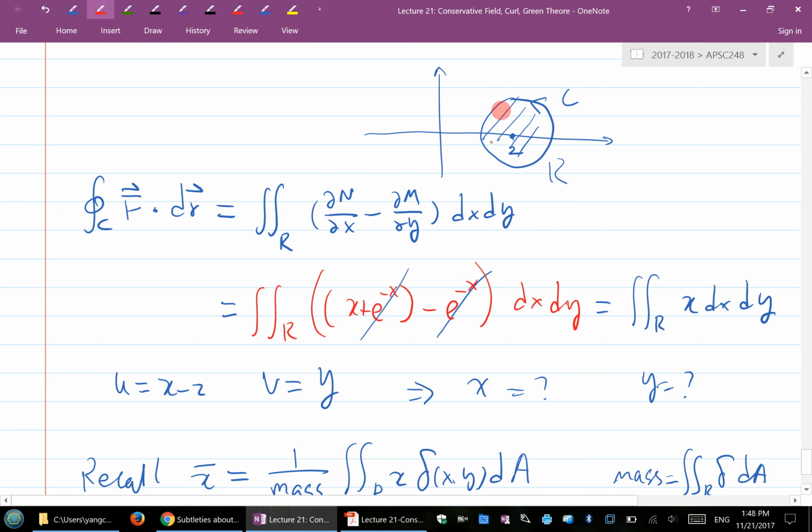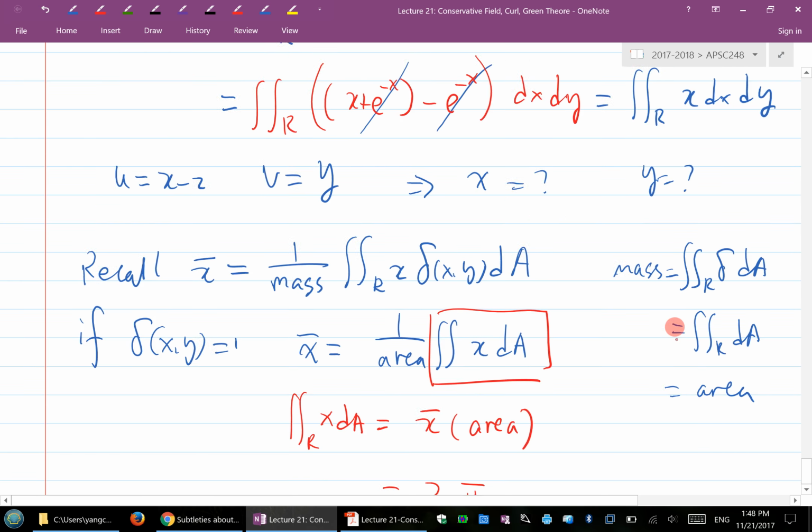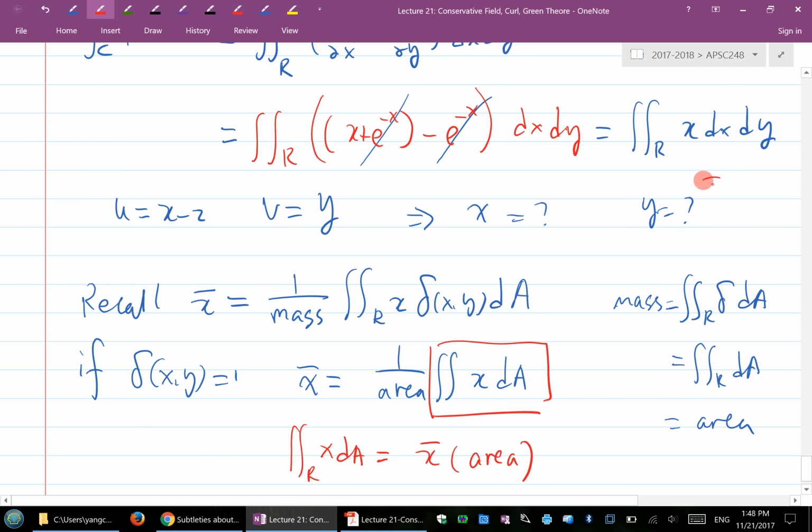And what's the area of this? Pi times r squared, which is pi. So 2 times pi, right? x bar is 2, area is pi r squared. So the result here is 2 pi. Okay? So that's an alternative approach. It's a little bit tricky, but if you try the change of variables, you'll get the same answer. Okay?